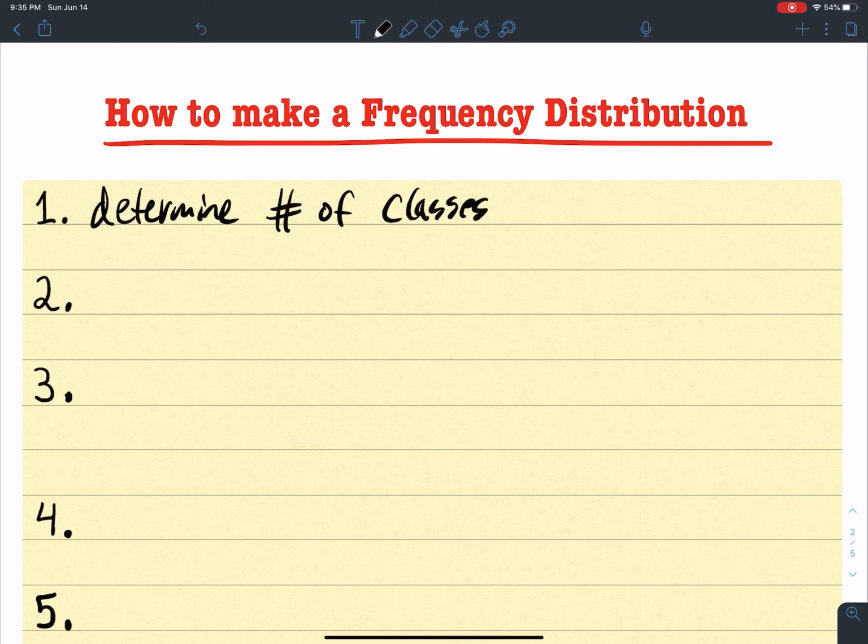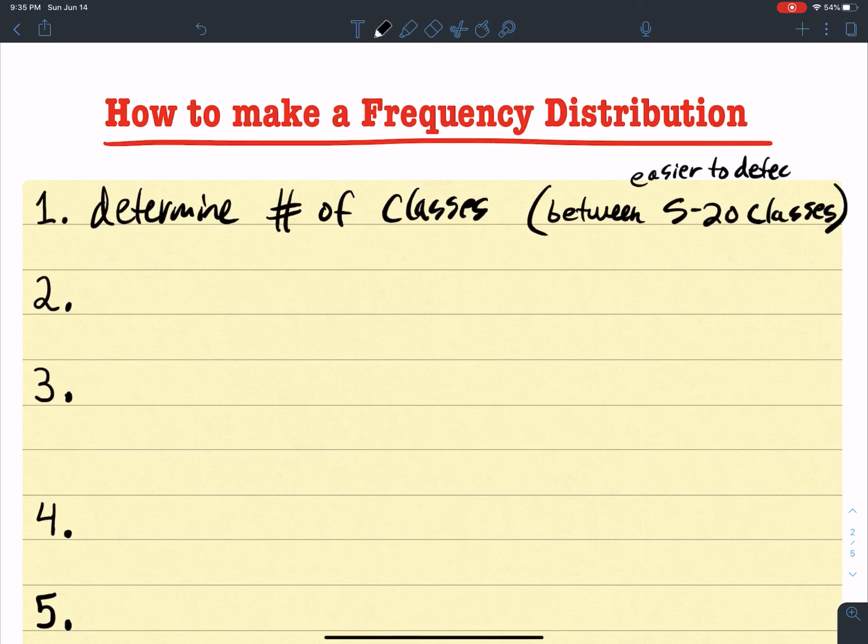Okay, this is usually between 5 and 20 classes. Now, why do we have 5 to 20 classes? It makes it easier to spot or detect a pattern.